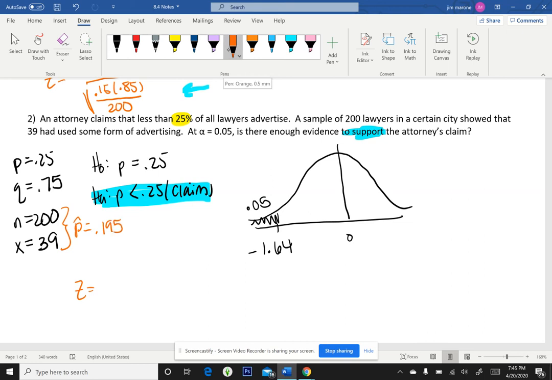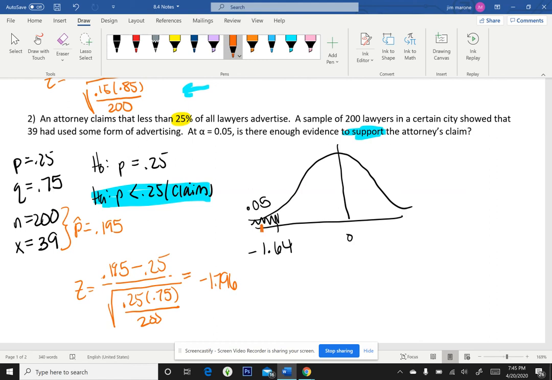So it's P hat minus P, which is 0.25, divided by the square root of P, which is 0.25, times Q, which is 0.75, divided by N, which is 200. So we wind up getting negative 1.796.